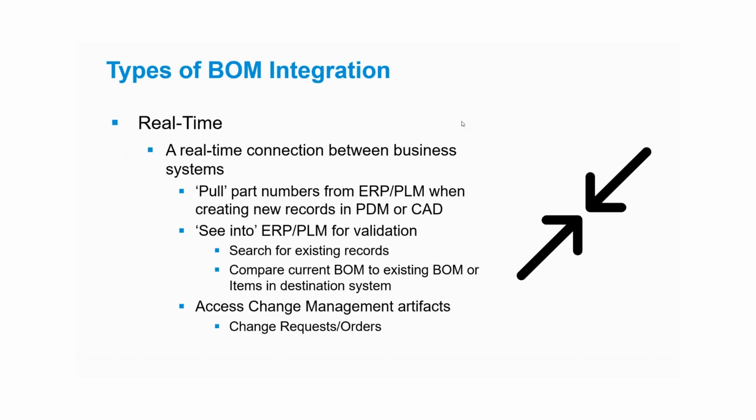It would be nice if you could say, I'm making a new part, I want this eventually to go on a BOM, give me a new part number to use so I don't have to go to my ERP system, create a part there, copy its part number, paste it over, right? So this real-time integration could be helpful in that regard.